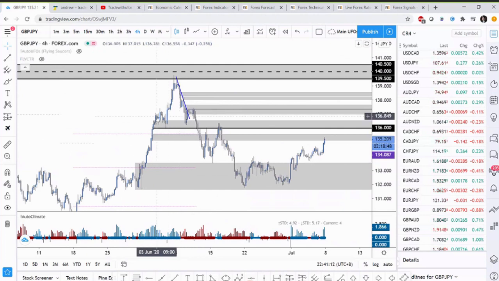You have this classic head and shoulders pattern put in, and the prior areas of support were taken out. As price was moving to the downside, we see that these areas of UFOs, really unfilled orders, got absorbed.